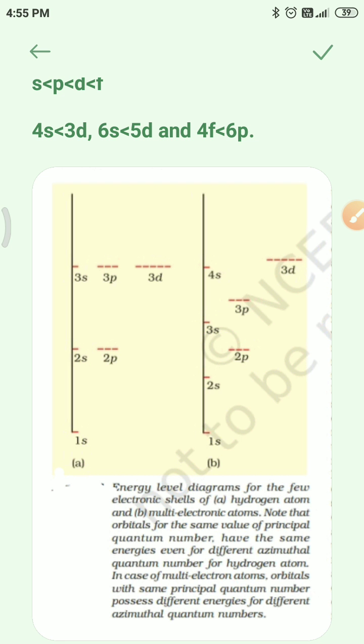If two orbitals have the same value of n plus l, the orbital with the lower value of n will have the lower energy.